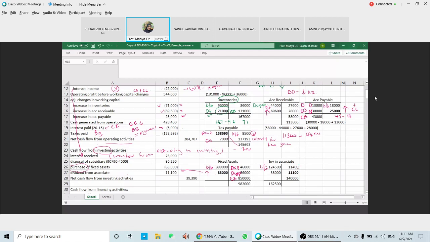Okay, what do you have for 11,400? 11,400 is the tax. And then what is this 38 here? What do you have for that 38? Okay, the 38 here is the share of profit, because share of profit will increase the investment.